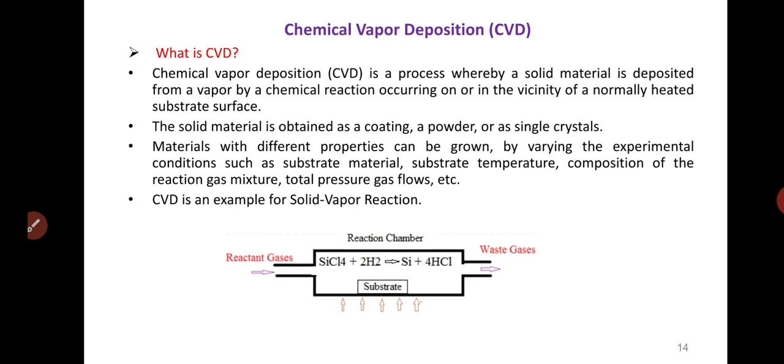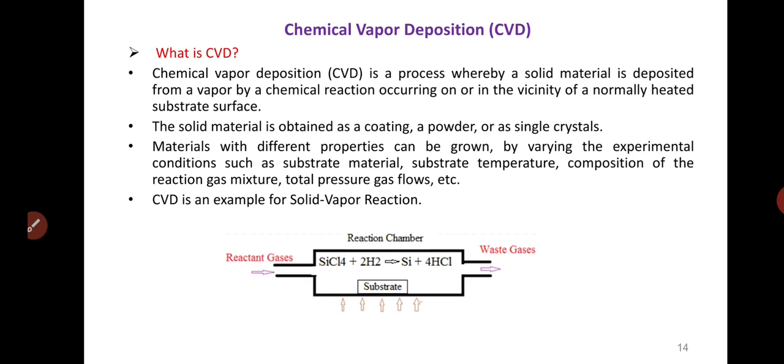Hydrogen gas is passed through a heated vessel in which SiCl4 is evaporated. Then the two gases are introduced into the reactor over the substrate crystal, along with other gases containing the desired doping impurities.